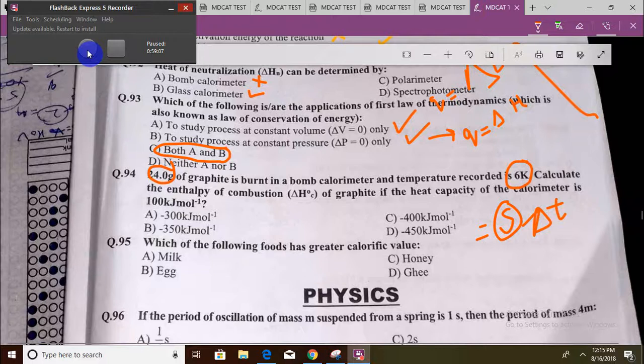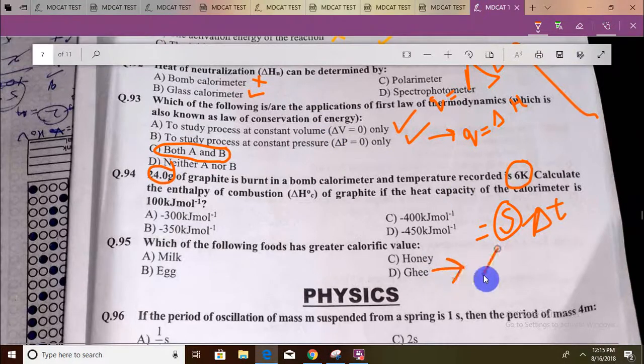So now they're asking which of the foods has greater calorific value. I'm a bit unsure if this is written anywhere in the book. If it's written and I haven't found it, please tell me. So ghee is unlikely because it heats up really quickly. Honey is a possibility, but honey often decomposes.